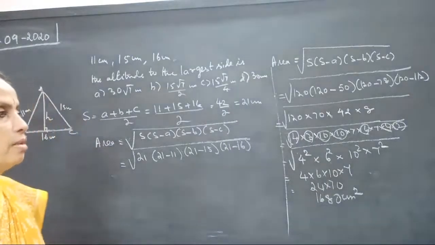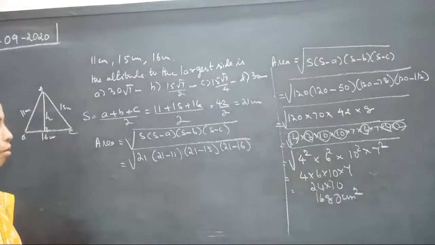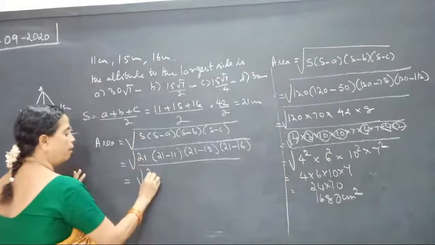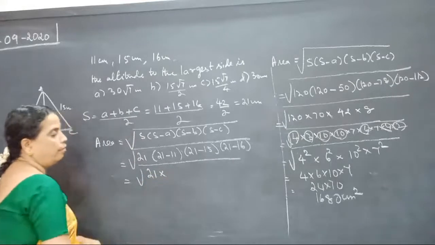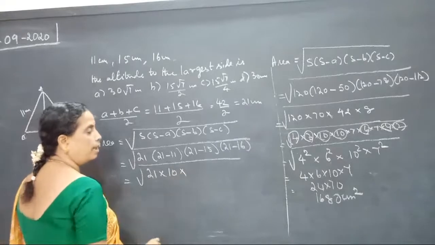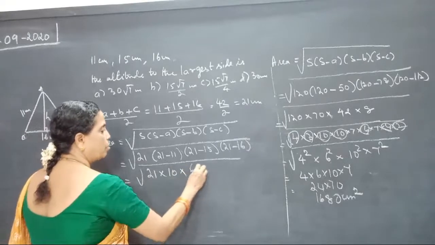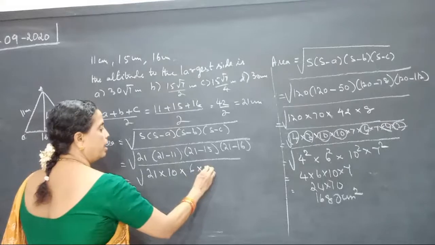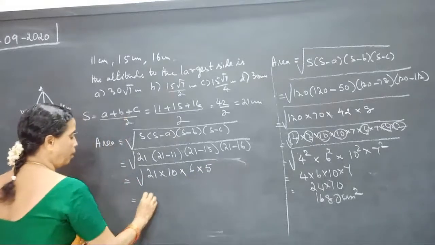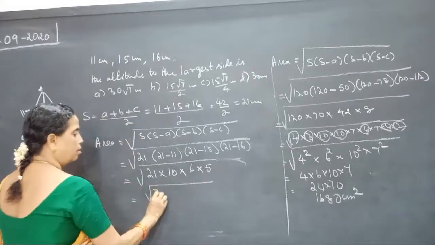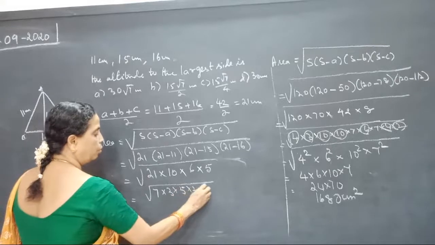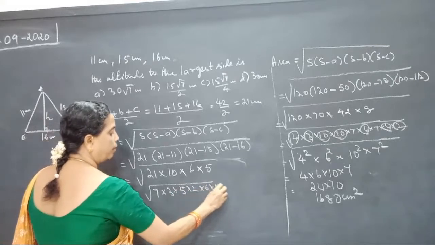Okay. Now after substituting, further do the operation. It is root of 21 into 21 minus 11 is 10, 21 minus 15 is 6, 21 minus 16 is 5. You will get 7 into 3, 5 into 2, 6 into 5.